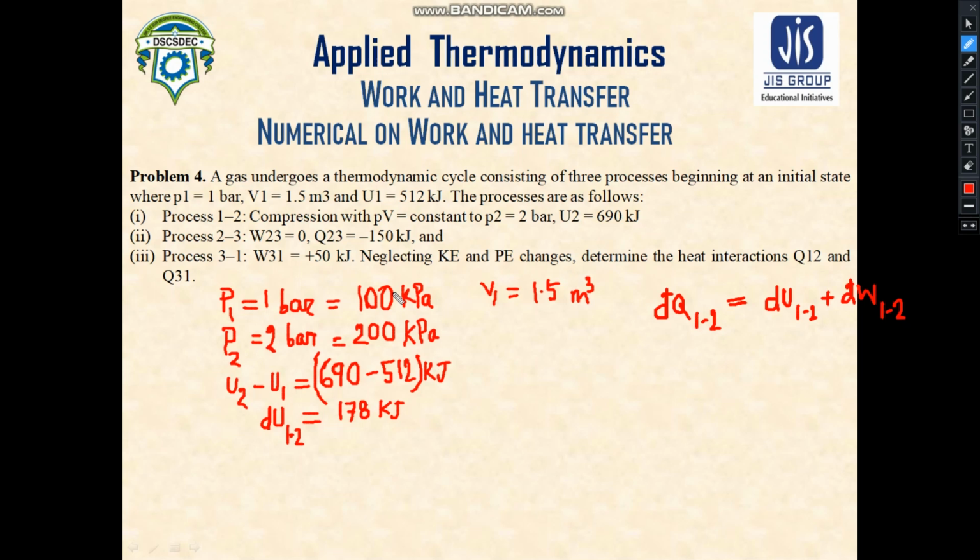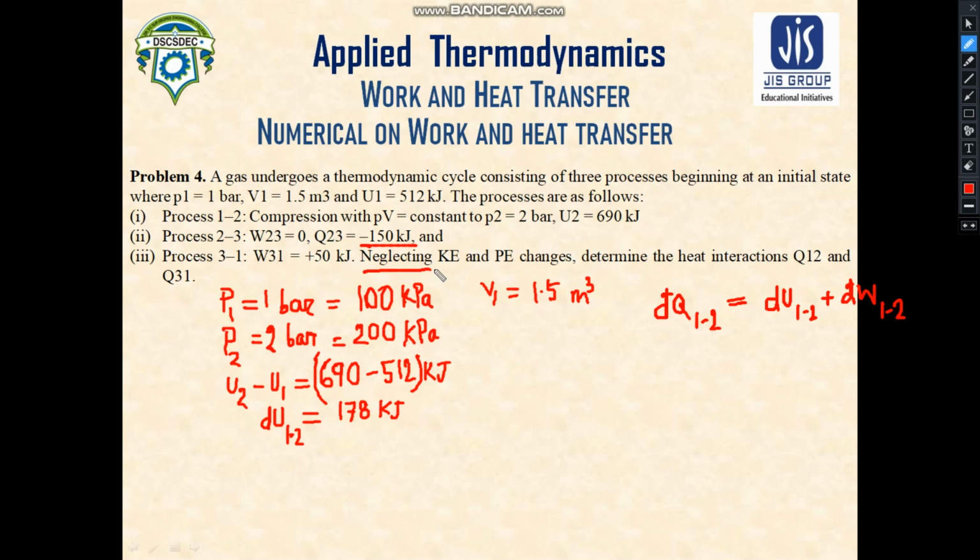The processes are as follows. Process 1 to 2, compression with PV equal to constant, P2 equal to 2 bar, and U2 is equal to 690 kilojoule. Process 2 to 3, W23 is equal to 0, Q23 is equal to minus 150 kilojoules. Process 3 to 1, where W31 is equal to plus 50 kilojoules.